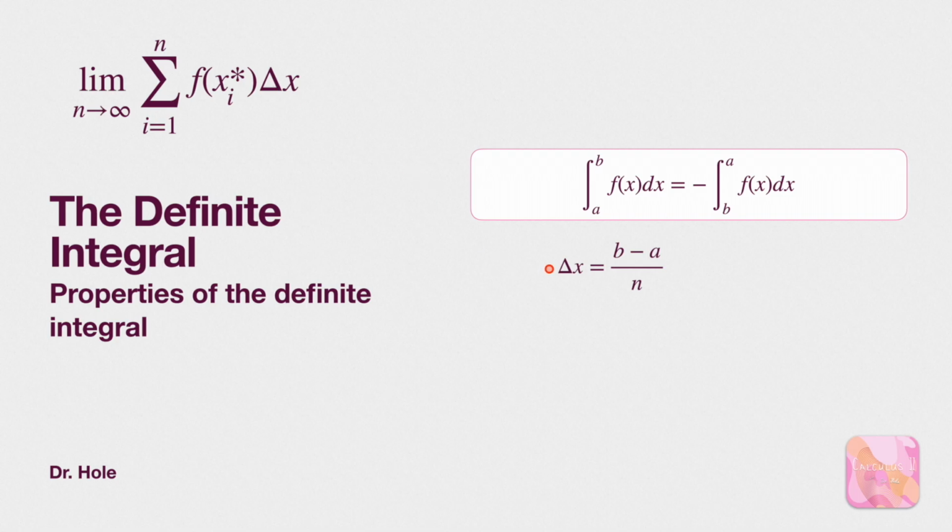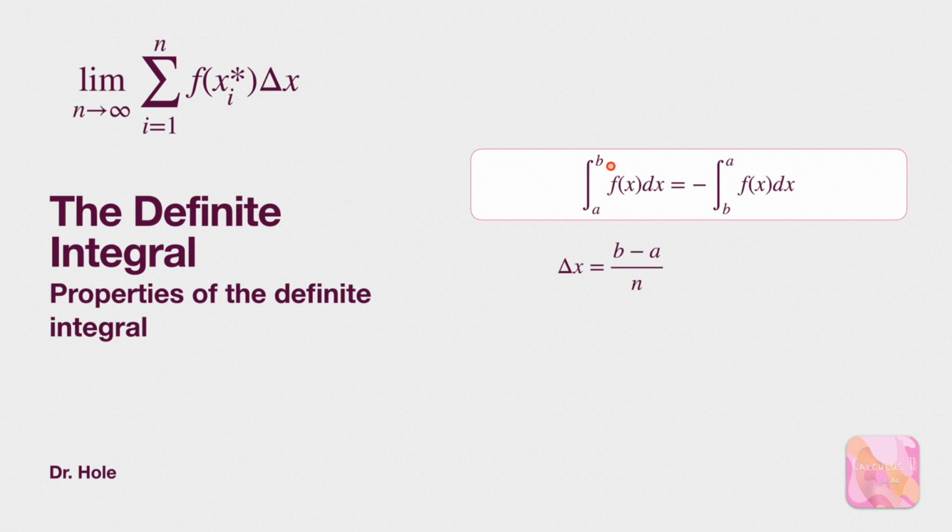All right, we recall exactly how delta x was defined. b minus a over n. In the previous video, we treated that as the length of the interval, where a was always smaller than b. But here in the definition of a definite integral, we simply refer to the a and the b as bounds of integration.